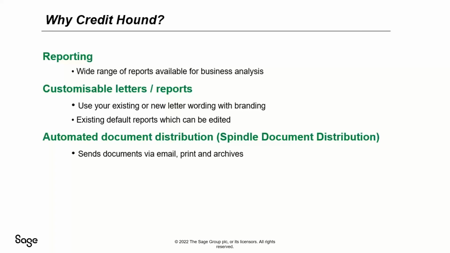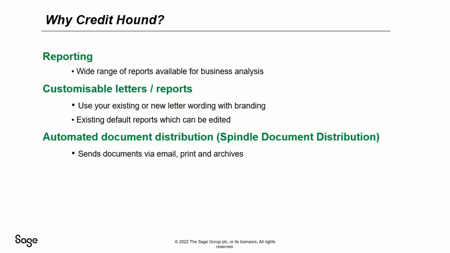Now, as mentioned, the emails or letters or reports can be fully customized to be worded in a way that's relevant for your business and to include all branding, logos, etc. So we can simply edit your existing reports to ensure all communications are professional, consistent, and in line with your corporate identity.